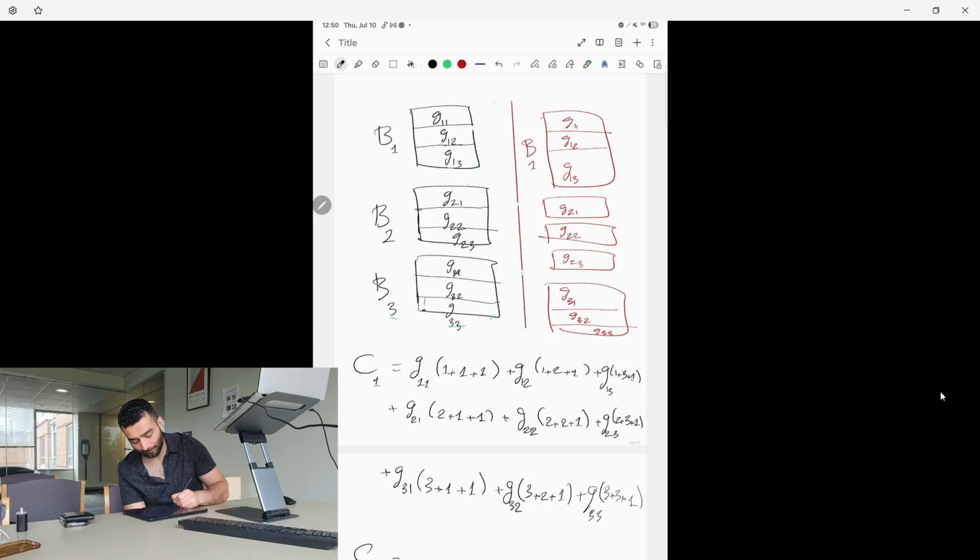C2 minus C1 is, so the first row cancels with the first row.